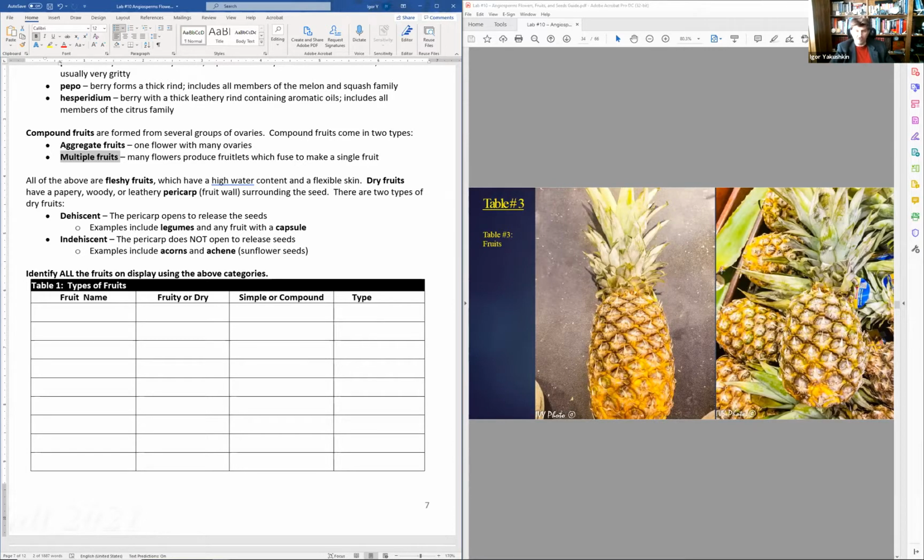Figs are another one, but I didn't take the picture. And the mulberry grows semi-wild not far from me, so maybe at some point later. If you see pineapple, what you need to answer is fleshy, and it's a multiple fruit. Sorry, it's multiple. So fleshy and the multiple.